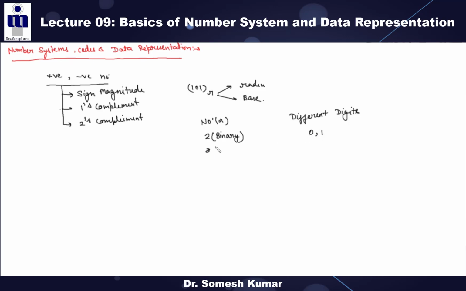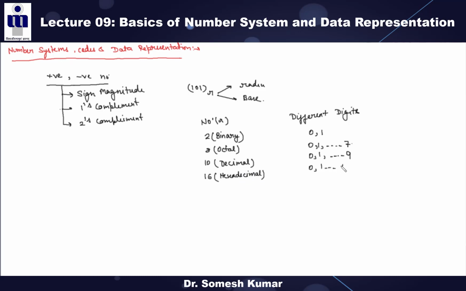If it is 8, then it is called the octal, and the digits are 0, 1 up to 7, right? If it is 10, then it is called the decimal and the possible digits are up to 9, right? If it is 16, then it is called the hexadecimal, right? And what are the possible digits?